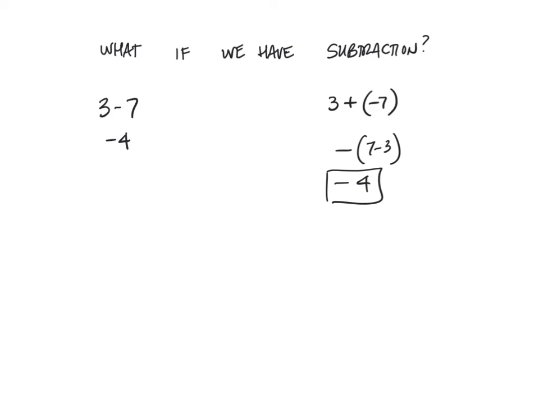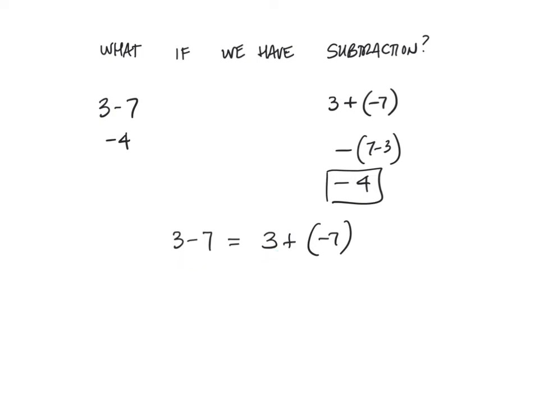Now, notice these two expressions have the same value of negative 4. So that means I could say that 3 minus 7 is equal to 3 plus negative 7. And we're going to use this to our advantage. Notice that this one is subtraction and this one is addition.